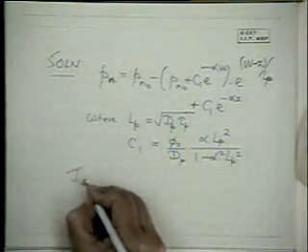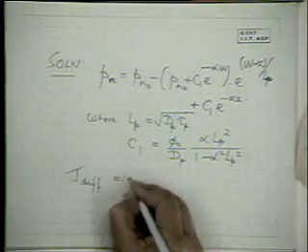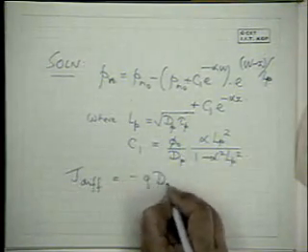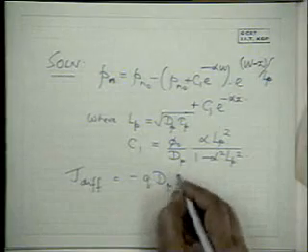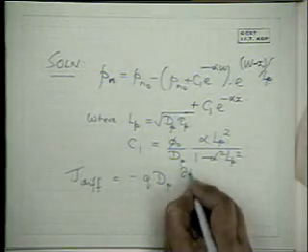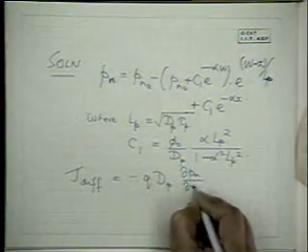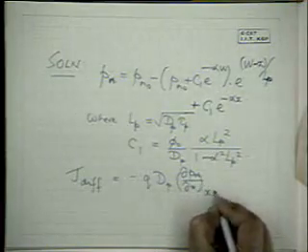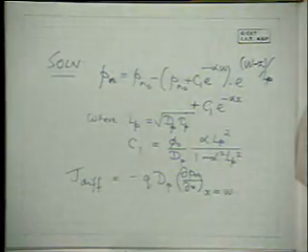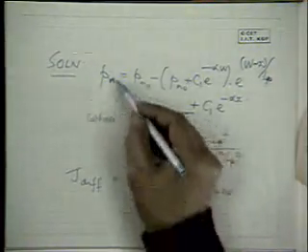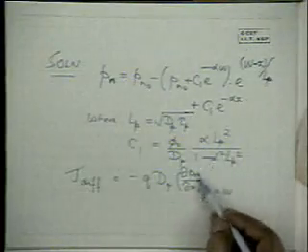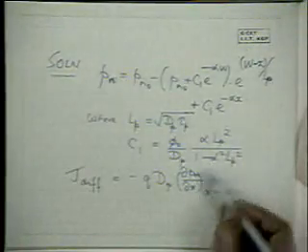We want to calculate what is the diffusion current. So what is the diffusion current? J diffusion is just minus QdP into the concentration gradient, that's delta Pn delta X at X equal to W. So we know this, and all we have to do is take dP and dx.